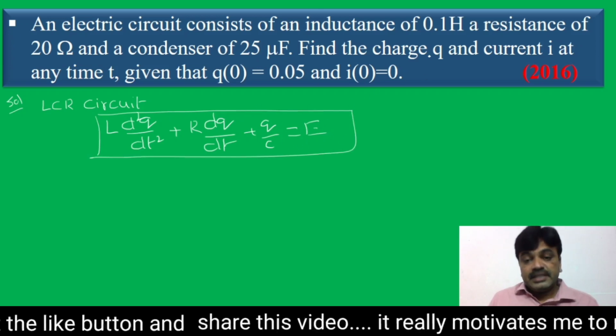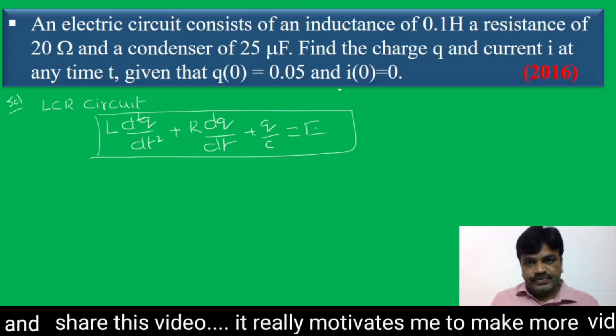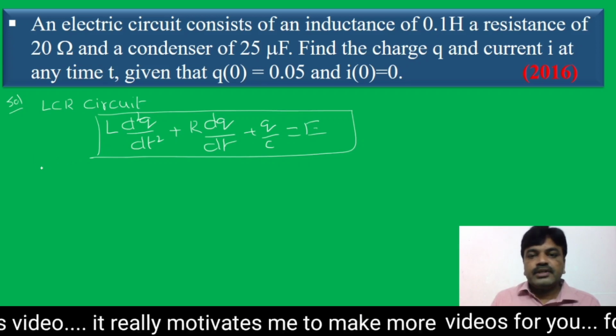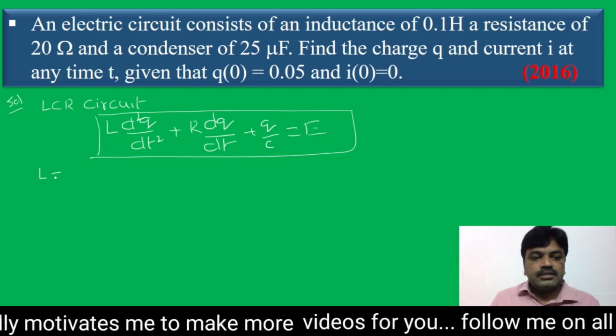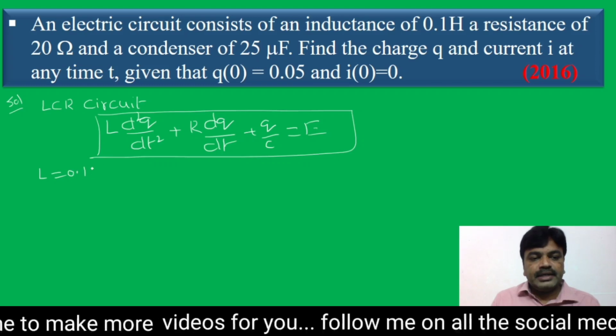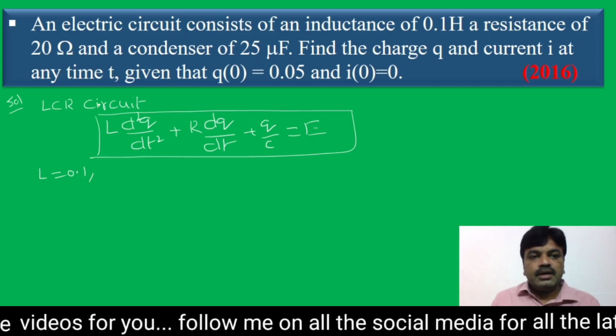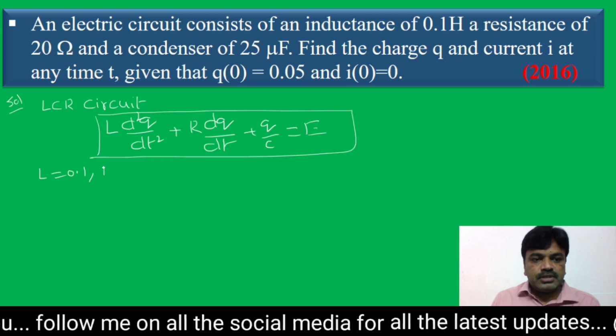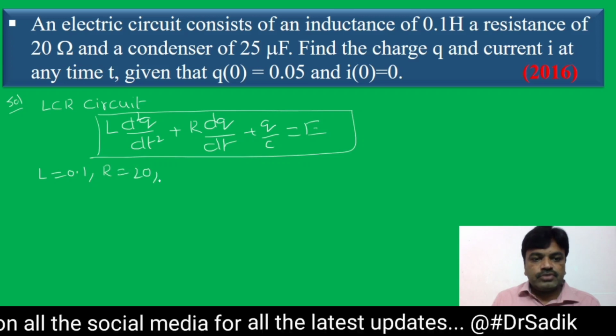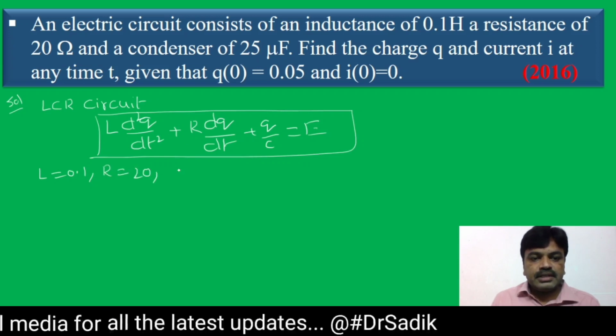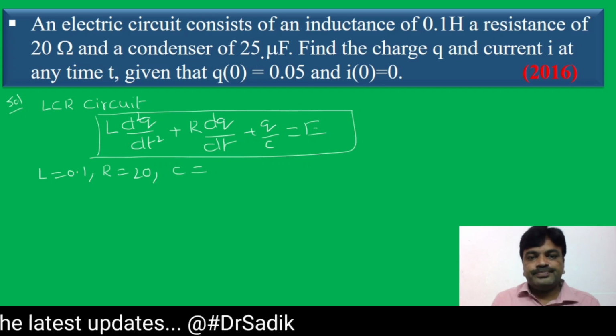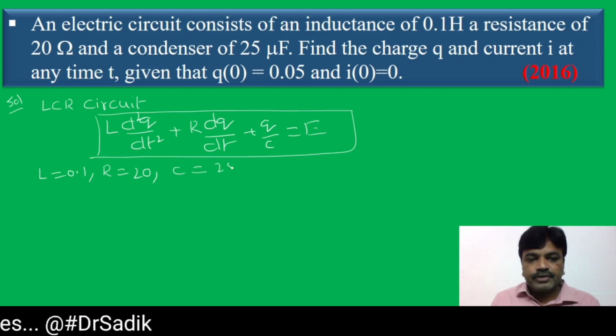Now let us see the given data friends. Given L is 0.1 Henry, resistance R = 20 ohms, and the condenser C value is 25 microfarad, generally given in farad friends.